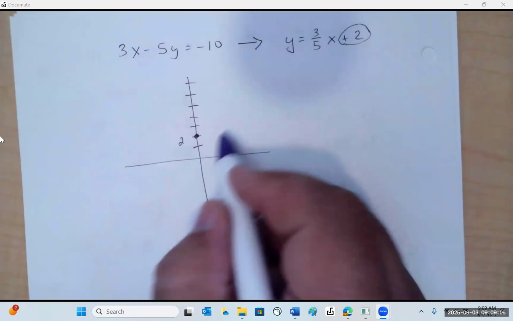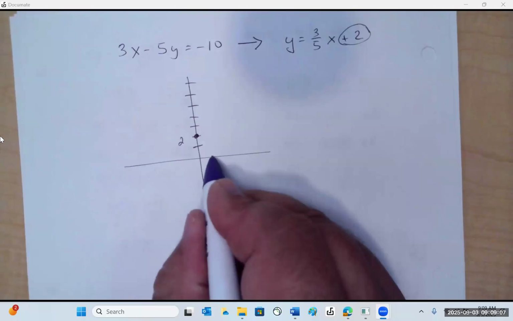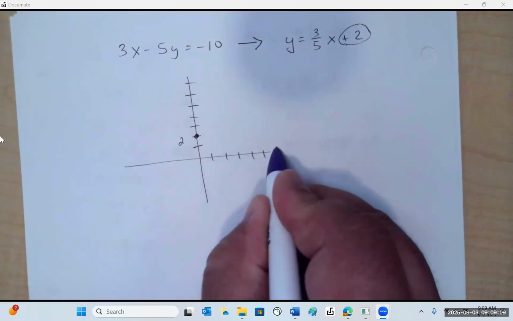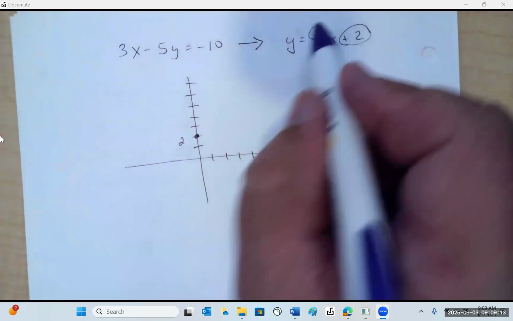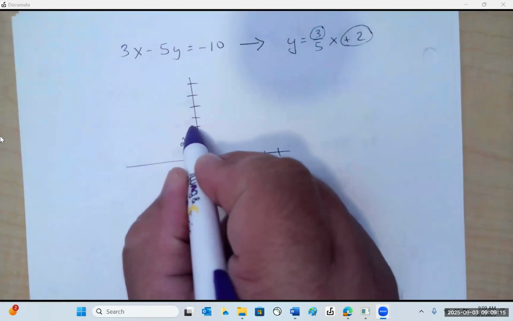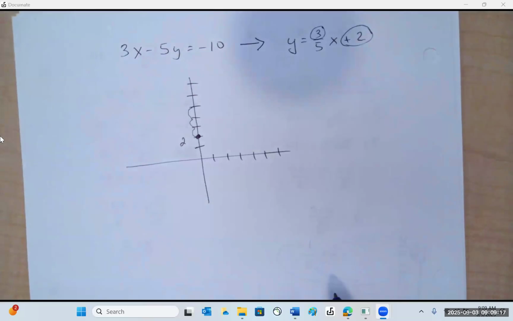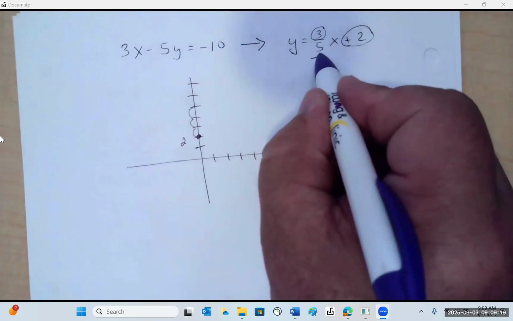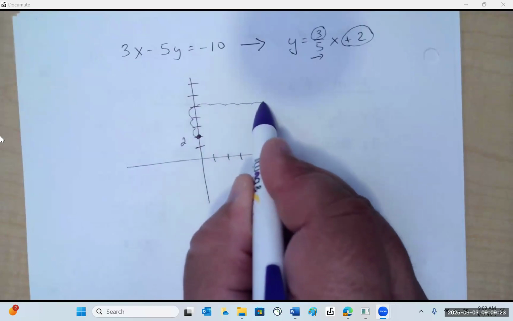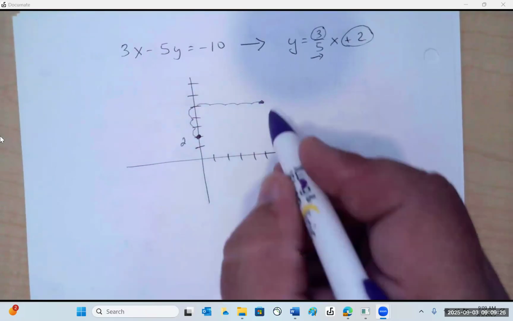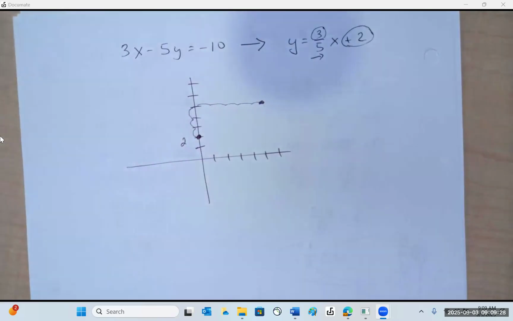From that point, what's my slope tell me to do? Yeah, since it's positive, I go up 3. 1, 2, 3. And then go over 5. 1, 2, 3, 4, 5. There's my second point.